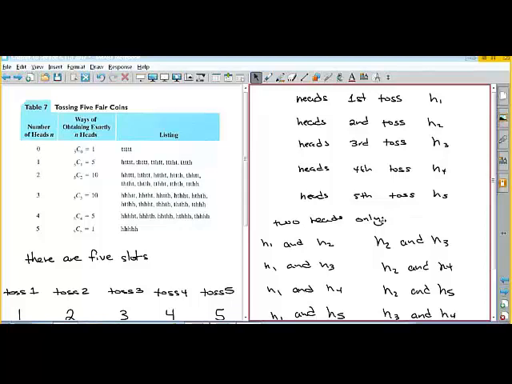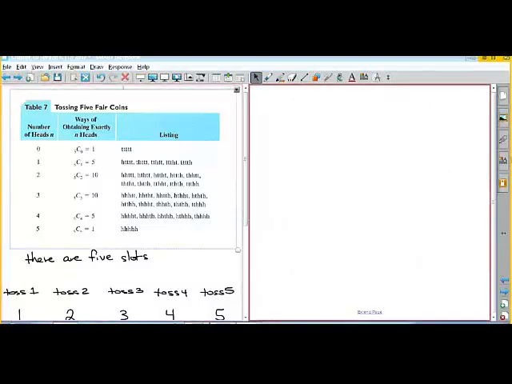If I say I'm going to get heads on the first toss and the third toss, that means the second toss is a tail, and the fourth and fifth tosses are tails. If you do that, these are the possible combinations. It's just like using the case. So I'm going to use this as an analogy from what we've done before to show that it's the same concept.